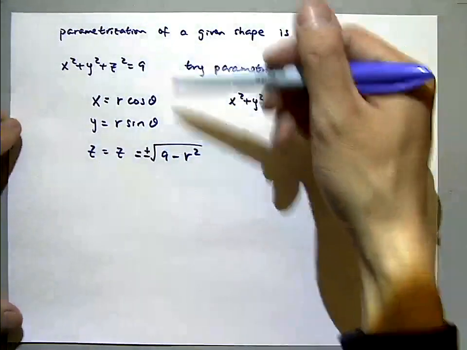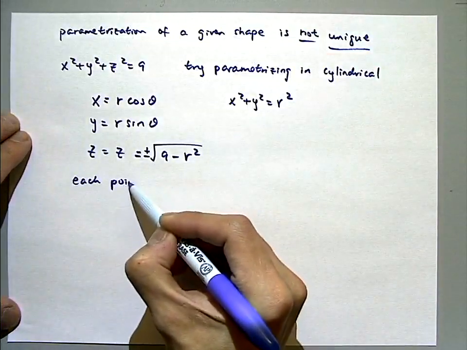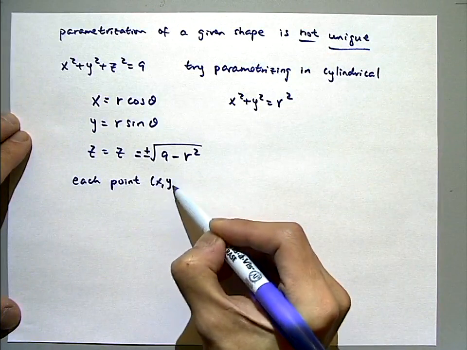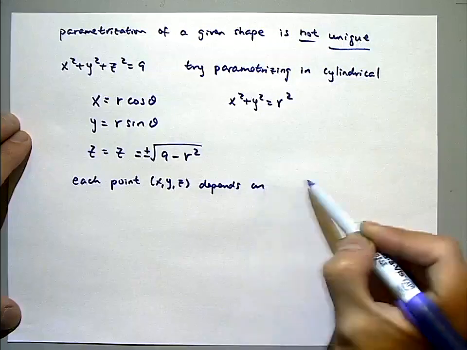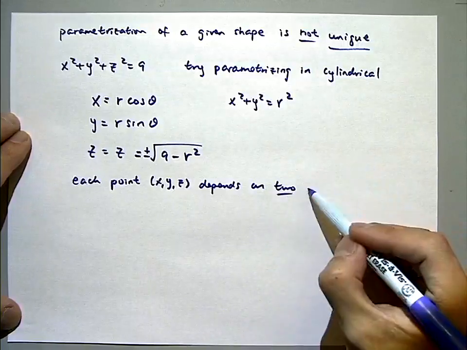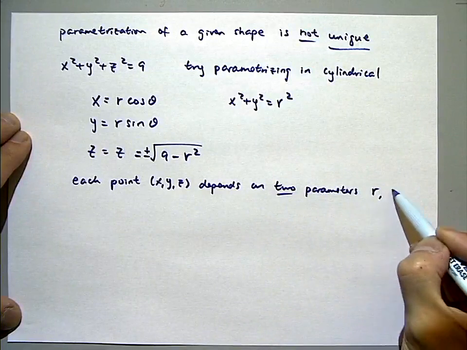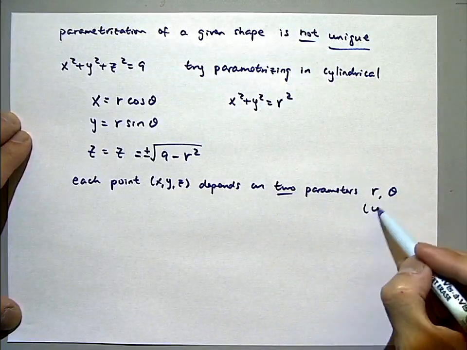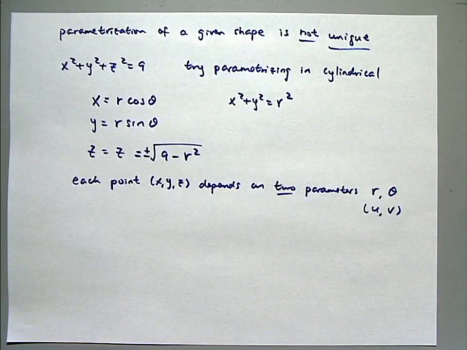So once again, each point x, y, z depends on two parameters, r and theta, which, if you remove the geometric meaning behind that, just call it u and v, well, those are our two parameters.